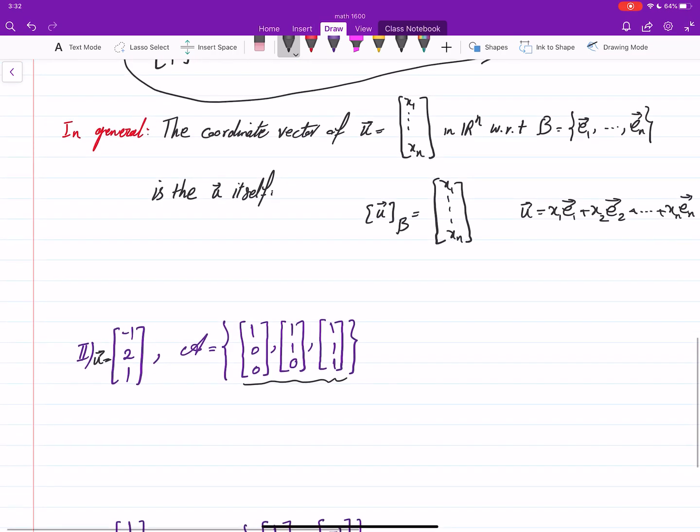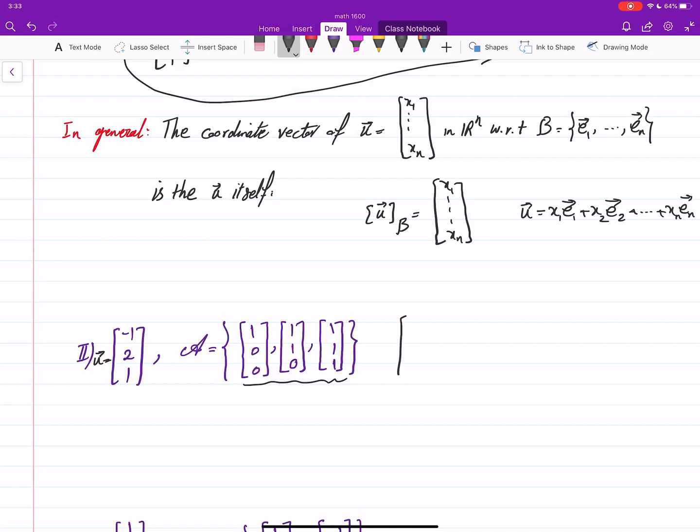To see the coefficients of these vectors which give us u, we have to solve this system: 1 1 0, then 1 1 1, augmented with negative 1 2 1.